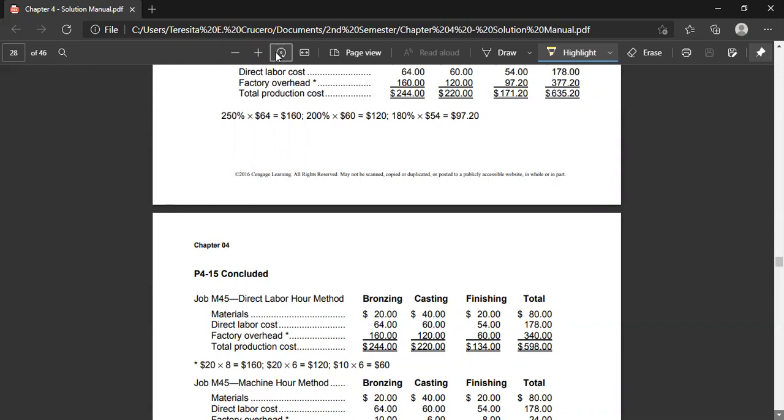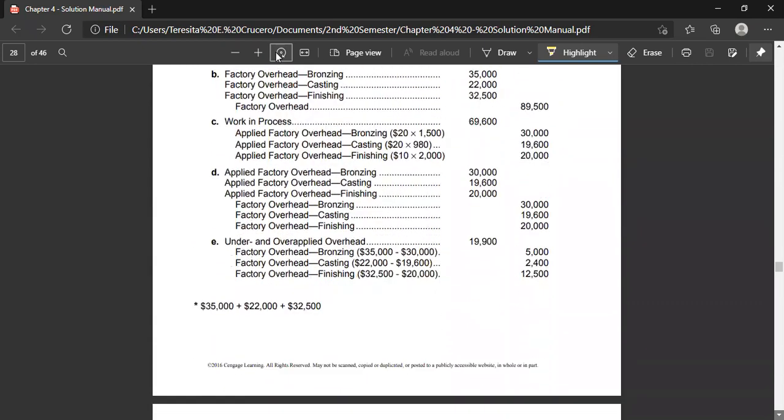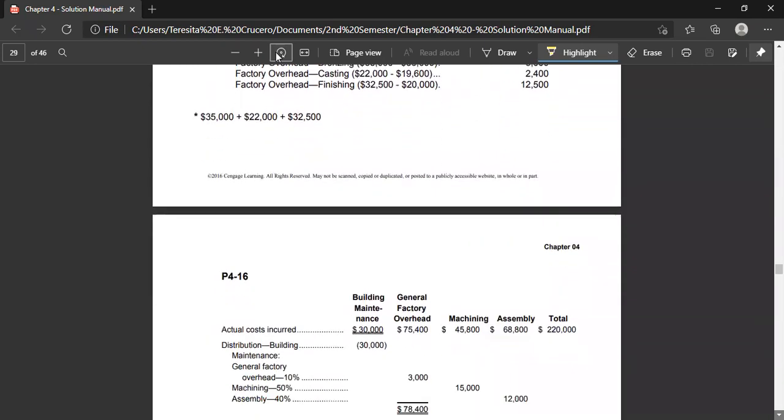So we have now problem 16. Okay. So we now have the following columns for building maintenance, general factory overhead. Then we have the machining and the assembly.